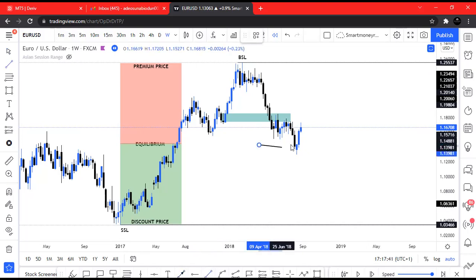So that weekly low has been taken out, and now this new low to this high can be our reference point for this retracement trade. You understand? So we can expect that price is going to trade into this area back before it continues dropping.